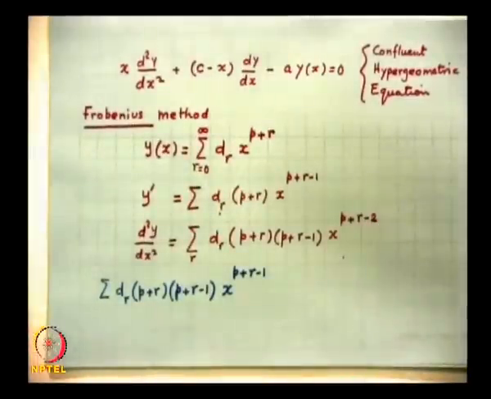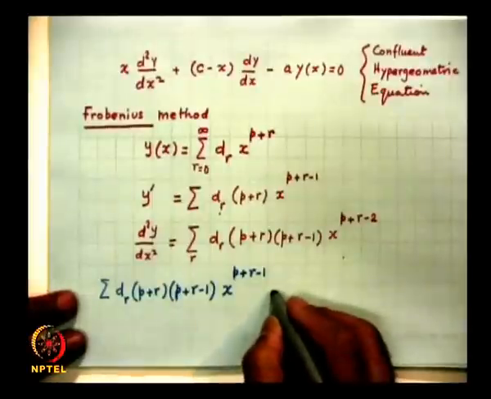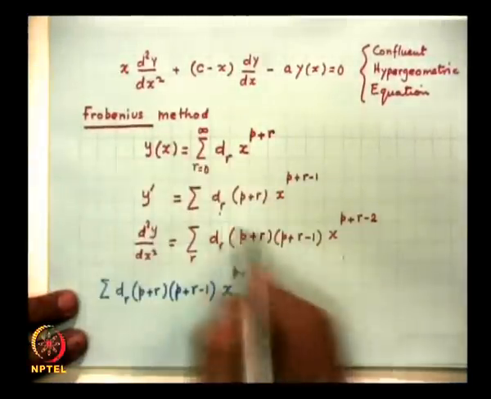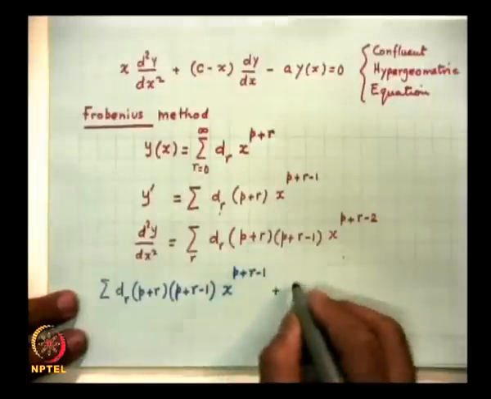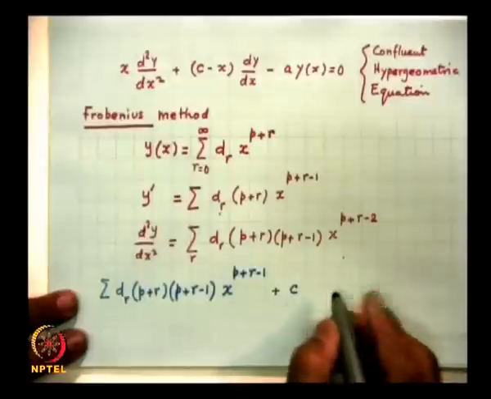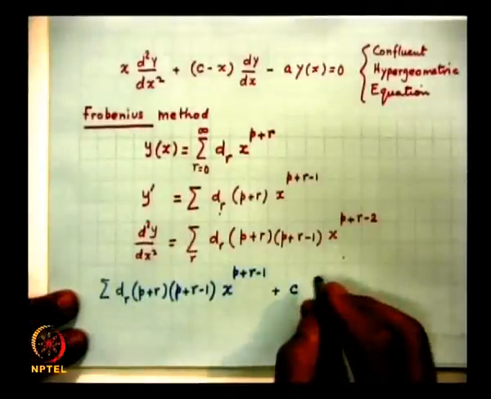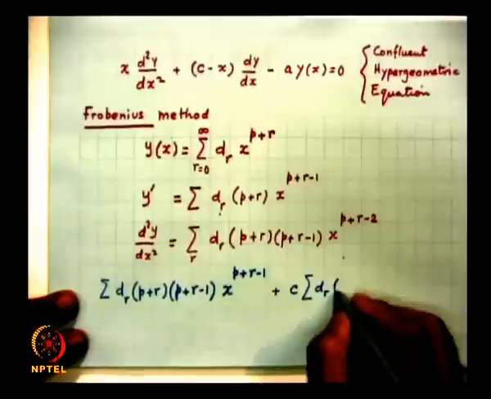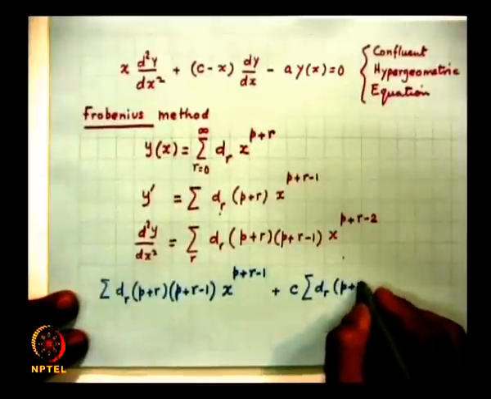Plus c times dy by dx, that is c times the sum of d_r (p plus r) x to the power of p plus r minus 1, one just has to do it patiently.